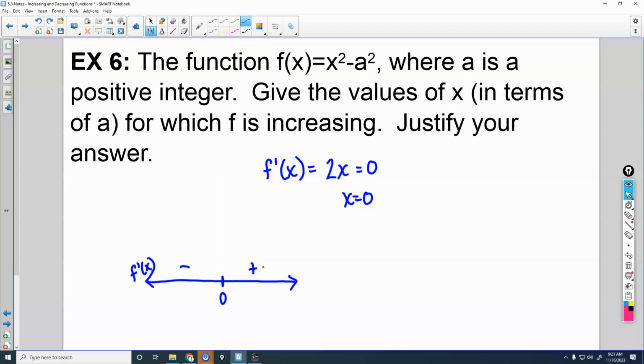I think I meant for this question to be more complicated than this, because it says in terms of a, but you're not going to have any a in your answer.